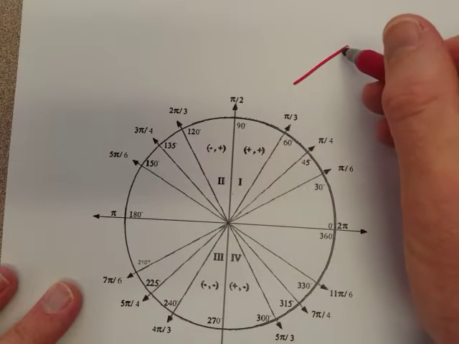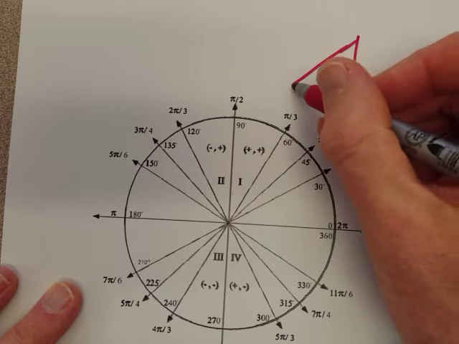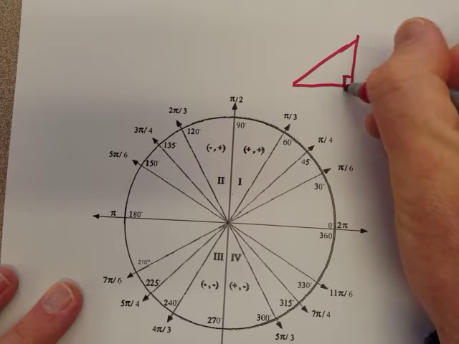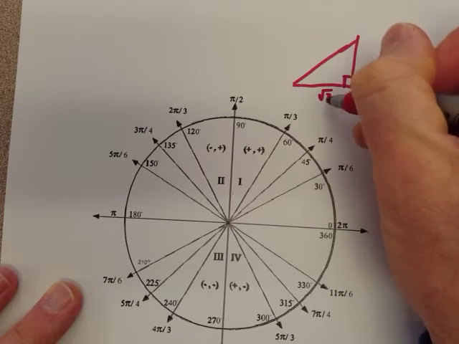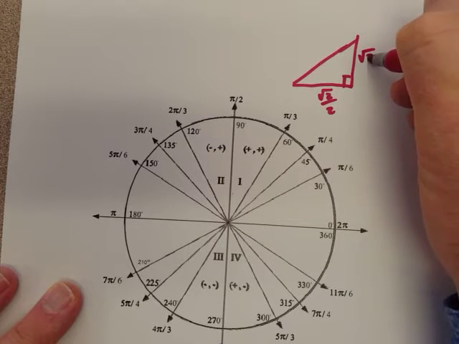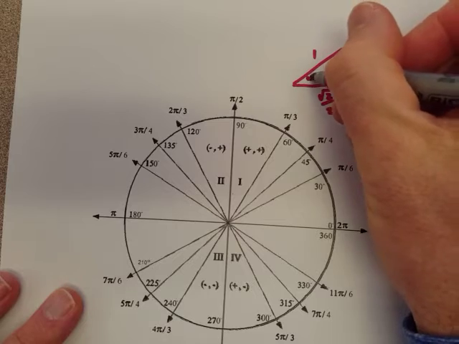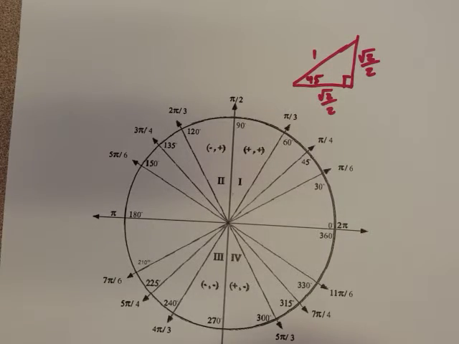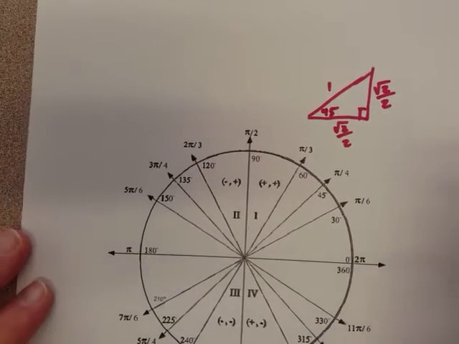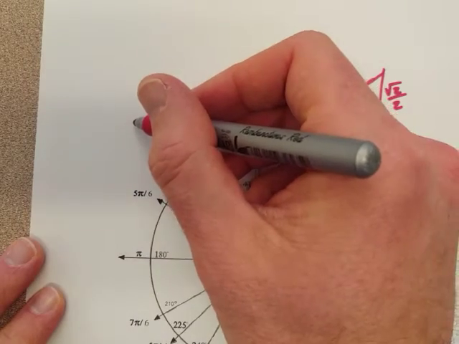One of those right triangles being the 45, 45, 90. So if we label those sides, remember we get square root of 2 over 2 for the legs and 1 for the 45, 45, 90. Now the other special triangle was our 30, 60, 90.